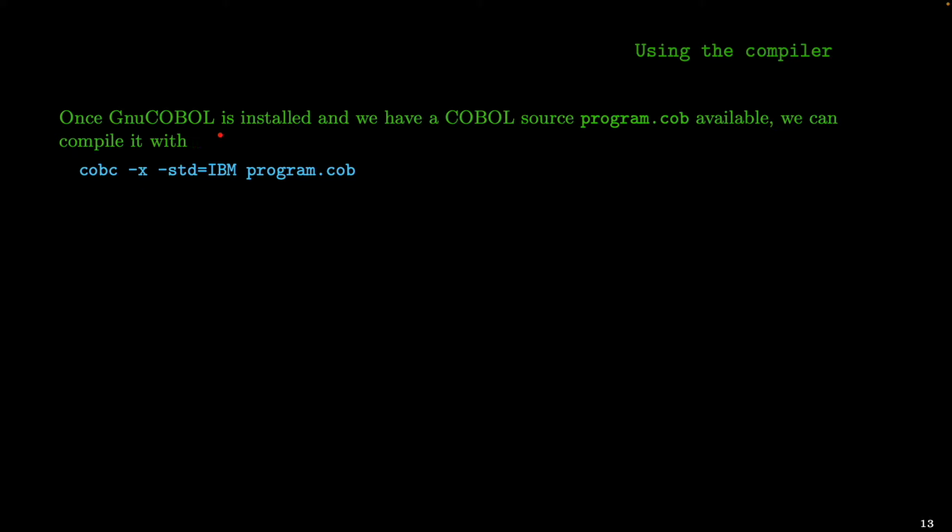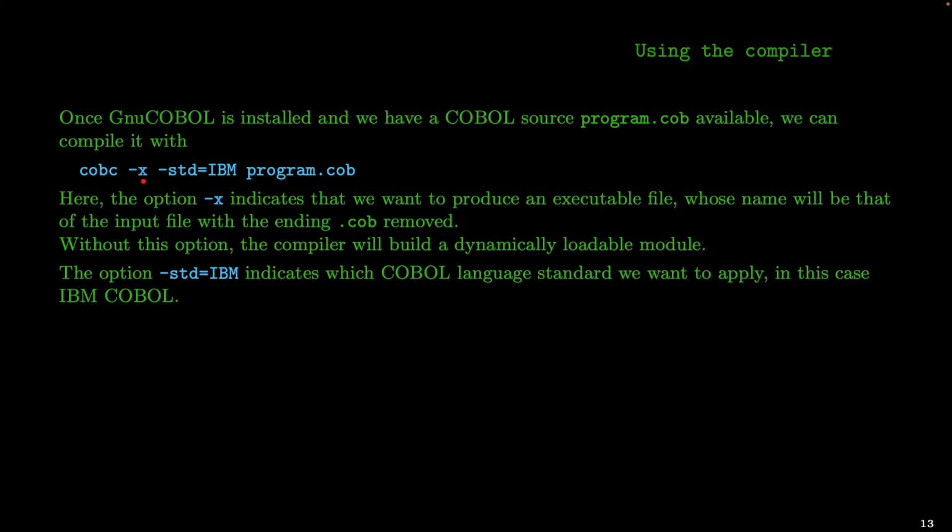Once you have installed GnuCOBOL and you have some program available, let's call it program.cob, then you can compile it as follows. You use cobc for COBOL compiler, or COBOL2C, I'm not sure. -x, -std=ibm, and then the source file program.cob. So here the -x option indicates that we want to produce an executable file, and the name of that file will be the name of the input program with the .cob removed.